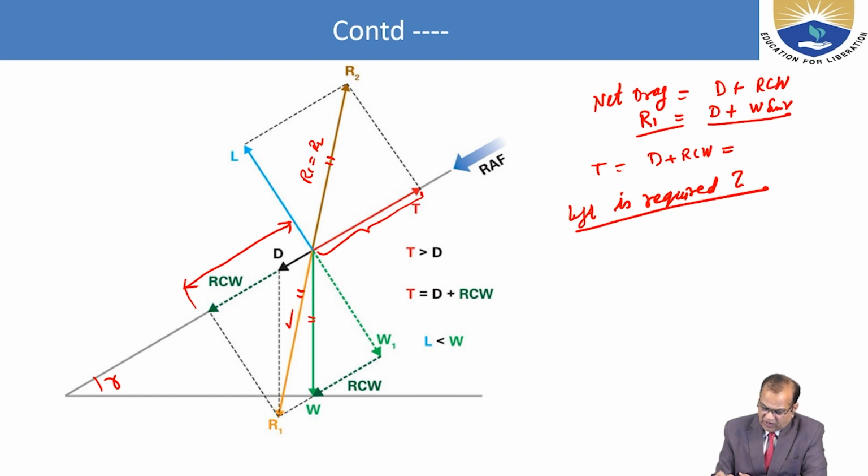So we can find that lift is less than weight, because lift is equal to W1, which is W cos gamma.